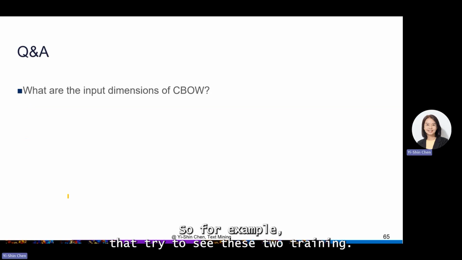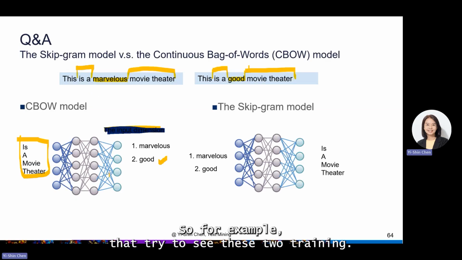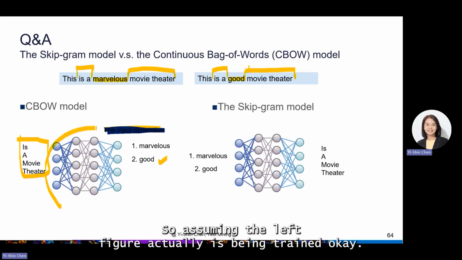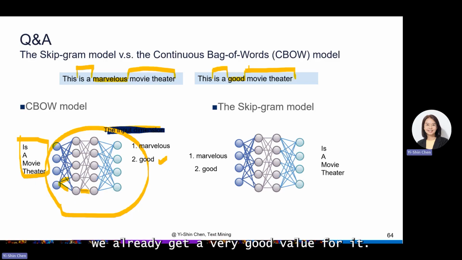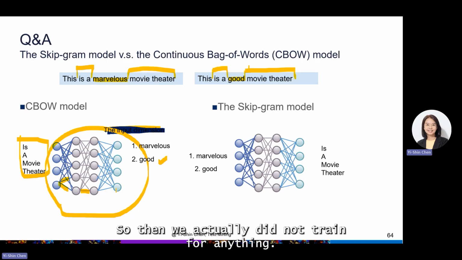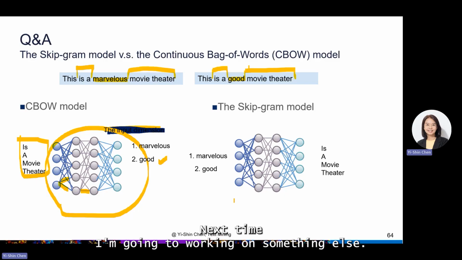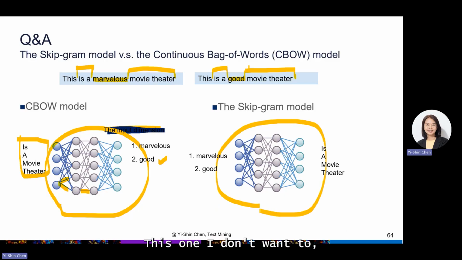So for example, let's look at these two networks. Assuming the left figure has been trained, all the values on the edges are already very good values. We did not train anything further. Next time, I'm going to work on something else, and I don't want to initialize the values with random values.